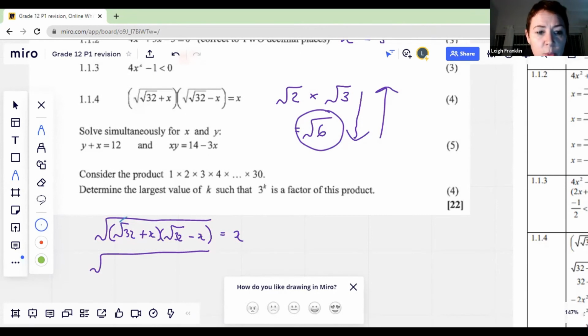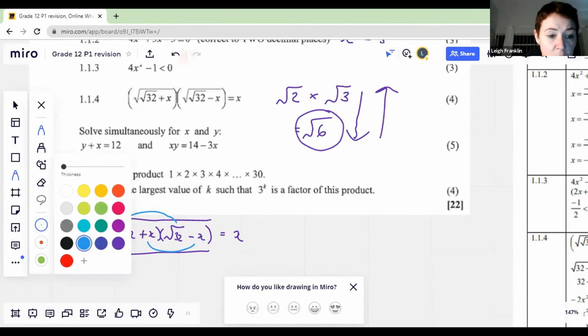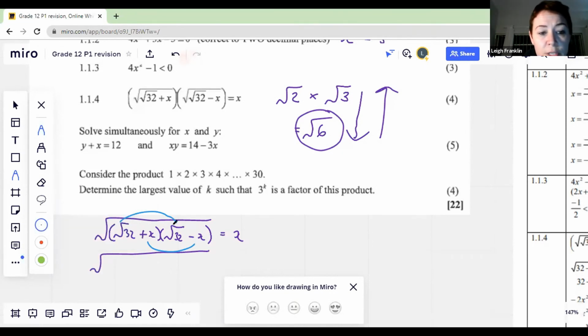So in other words, we're going to have only what we get from the firsts and only what we get from the lasts, because the outer and the inner middle terms will end up canceling one another out, as you said. So root 32 times root 32 is how much? 32. Indeed.